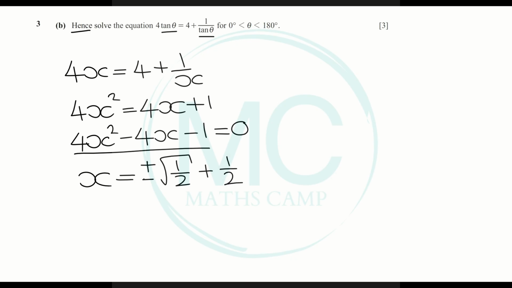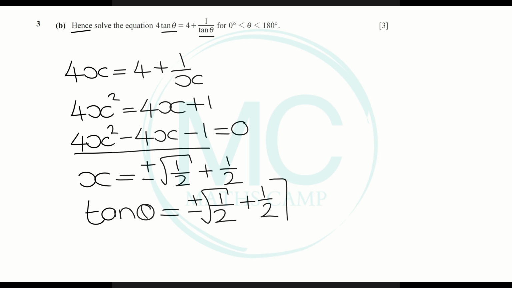Now we can substitute tan theta back into x. Say tan theta is equal to positive or negative 1 over 2 under a square root plus 1 over 2. And we can use this to find the values of theta. All we need to do is substitute this value into the inverse of tan.